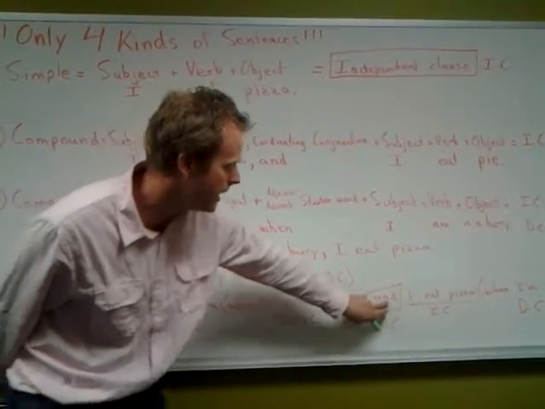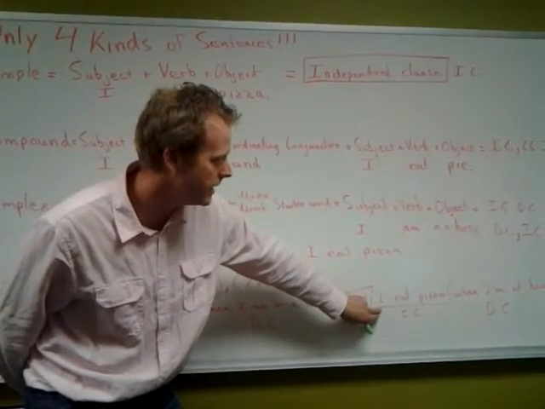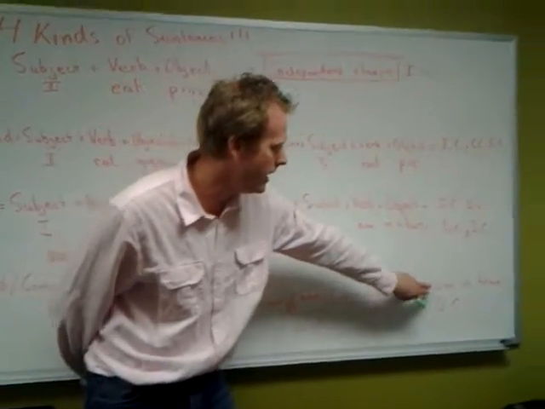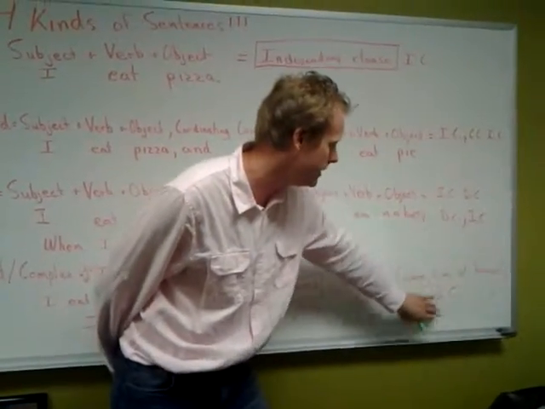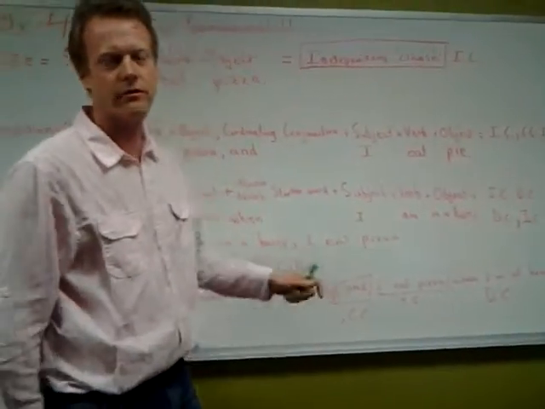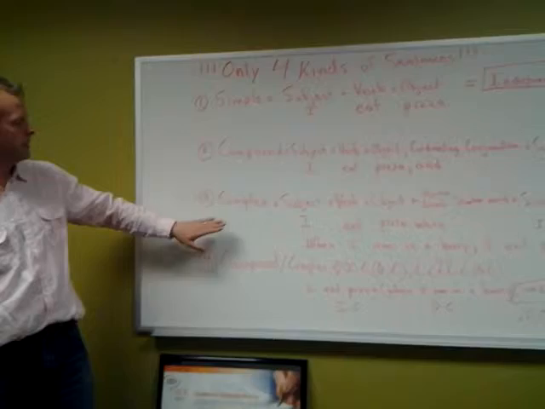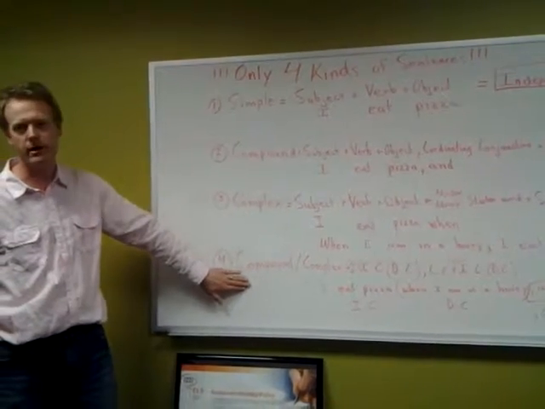I put a comma, and. Here's your other independent clause. I eat pizza. When I'm at home, period, DC. So those are the 4 kinds of sentences. You have simple, compound, complex, and compound complex.